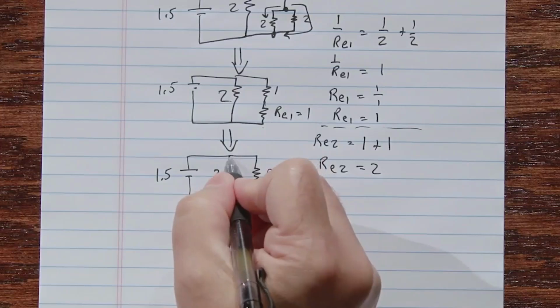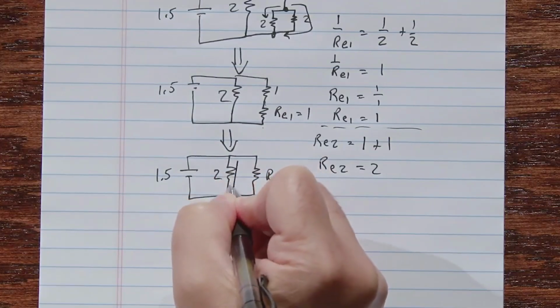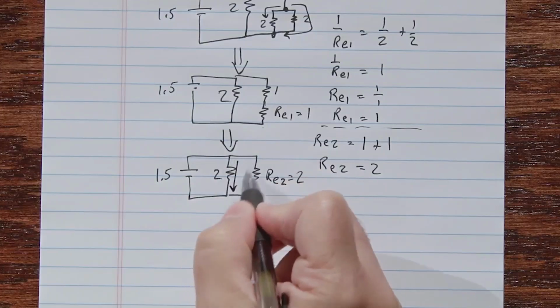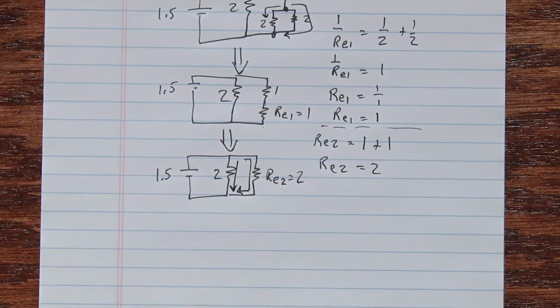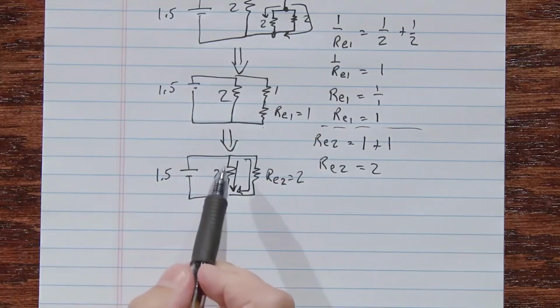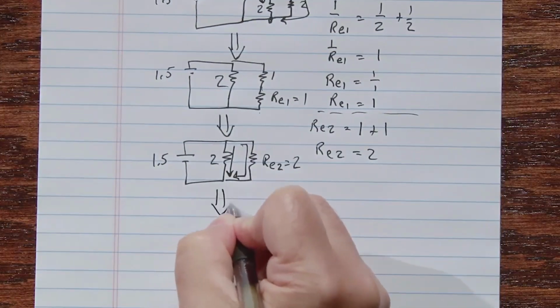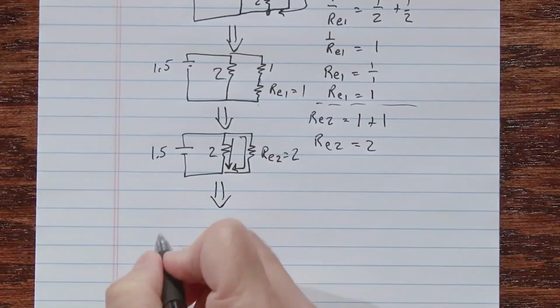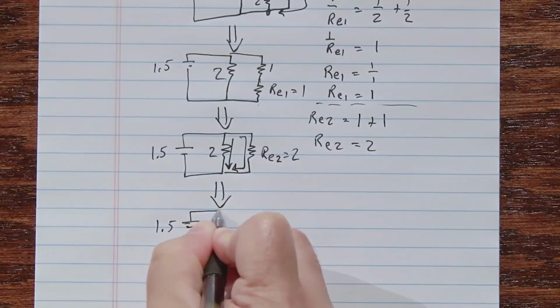And now I do in fact have 2 resistors in parallel. The current can go through this resistor, or it can go through this resistor, and each time it only goes through one resistor. So I can combine these as parallel resistors. So we get our final equivalent circuit, 1.5 volt battery.